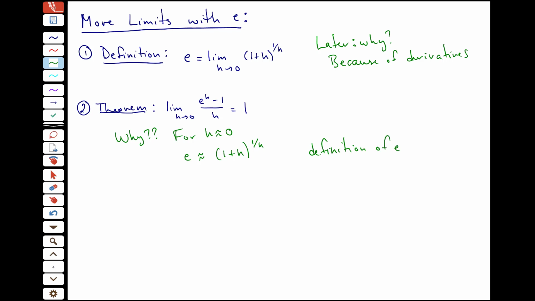Now, if we take the h power of both sides, we have e to the h is approximately 1 plus h. And then if we subtract 1, we have e to the h minus 1 is approximately h. And then we divide by h.